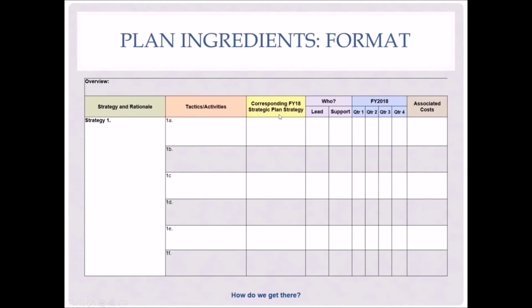This is your strategic plan. I really like to do this because it fosters buy-in. If you need to advocate for the plan itself or specific resources, you can say, hey, this is in the strategic plan, and this is how we're going to raise the money for these specific elements of the plan.